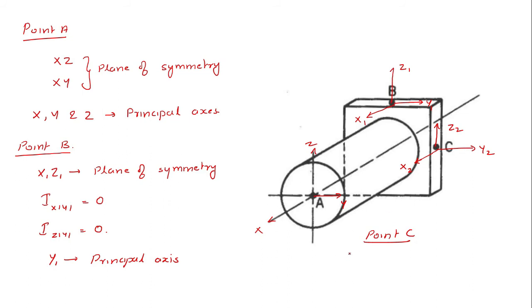So x2 y2 is the plane of symmetry and z2 is the axis that is perpendicular to the plane of symmetry. So I z2 x2 as well as I z2 y2 will be equal to 0, or in other words z2 is one of the principal axes.